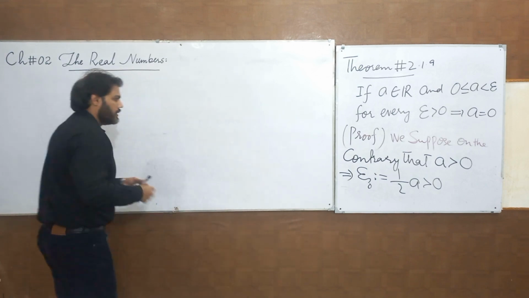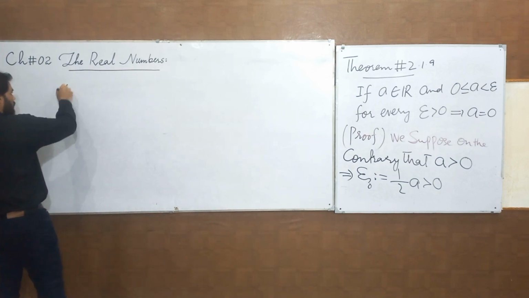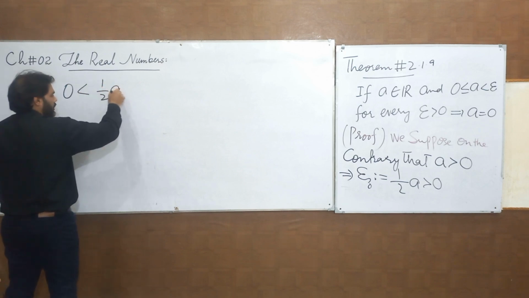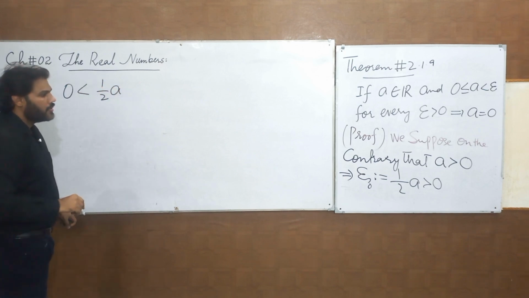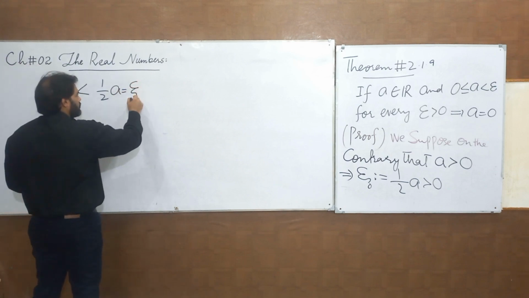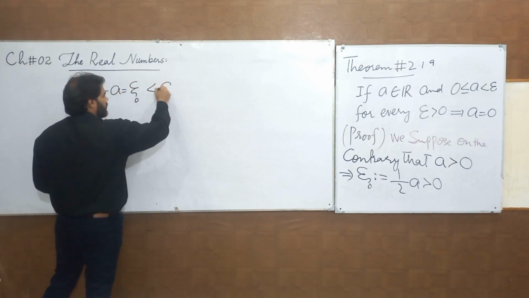This result shows that we can write 0 is less than half a. In other words, epsilon naught is less than a.